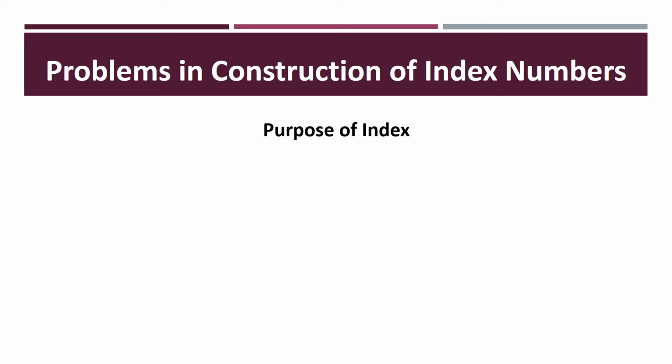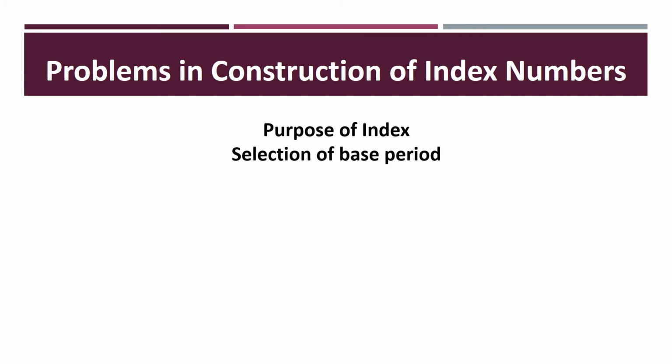First of all, we have to see the purpose for which the index number is calculated. It must be clearly defined before it is constructed. A failure to decide clearly the purpose of the index would lead to confusion and wastage of time, and there will not be any useful output from this construction.